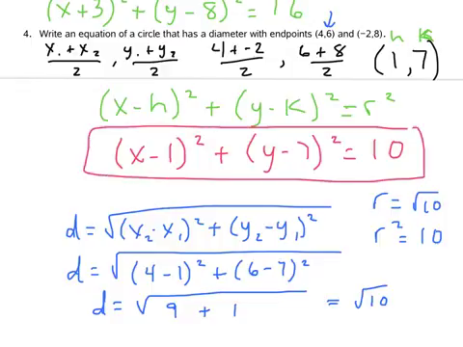Alright, let's try another one of these. Write an equation of a circle that has a diameter with endpoints 1, 5, and negative 9, negative 7. Alright, so for this problem, just like the last one, the first thing we need to do is find the center. So I have to use the midpoint formula to find the center, the middle of the diameter.